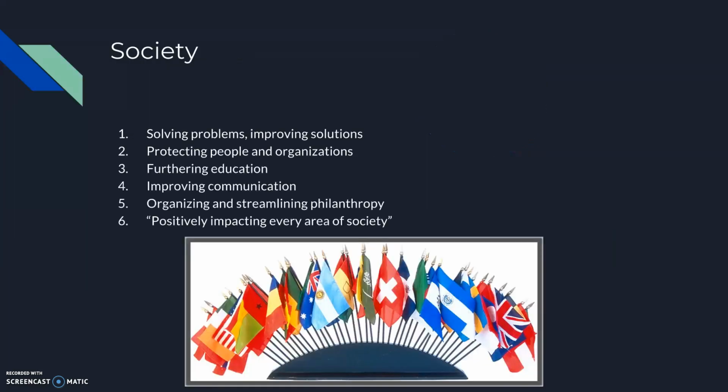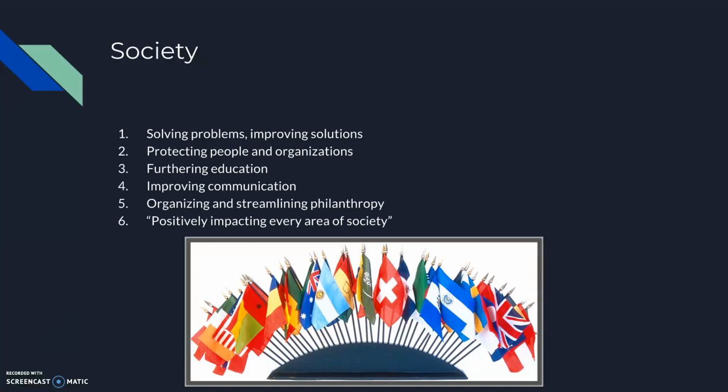Rasmussen College in 2015 puts forth an article that proposes these 6 ways that computer technology and education benefits society. It says it solves problems and improves solutions. So we use technology to not only get to the solution of the problem faster, but also to improve those solutions, so the solutions are better as well. And we protect people and organizations internationally using technology and computer science.